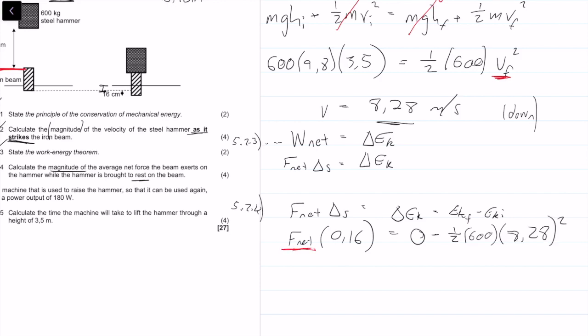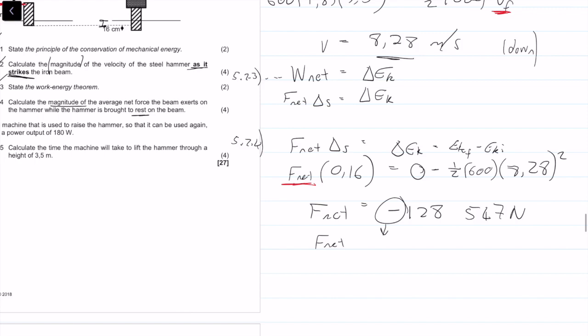Okay, if you look at this equation, the only unknown is F net, so we can solve for F net is equal to minus 128,547 newtons. Okay, but what does this minus sign indicate? That's just a direction, so F net is equal to 128,554 newtons. Okay, we took down as being positive, so the net force is acting upwards, and that makes sense.